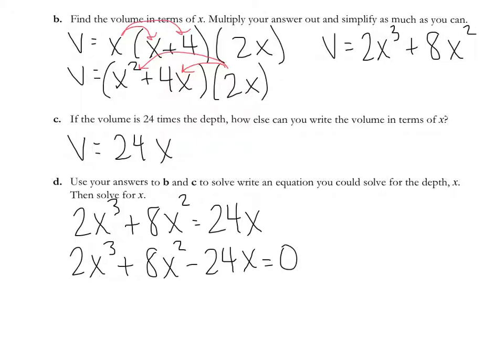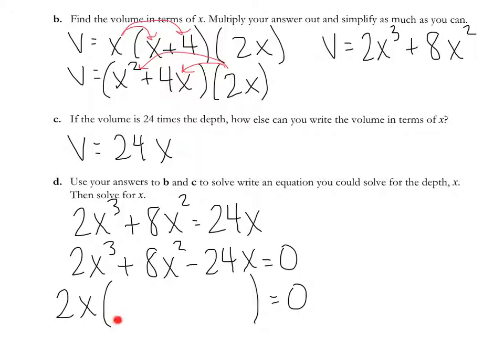Looking at the number parts, we have a 2, an 8, and a negative 24. 2 is definitely a factor of all of those. Next, looking at the variable parts, we have x cubed, x squared, and x. They all have at least one x in them. So we can pull out a 2x.